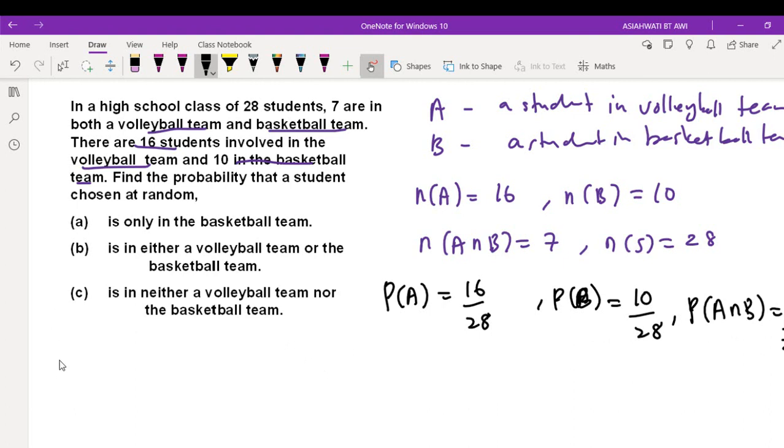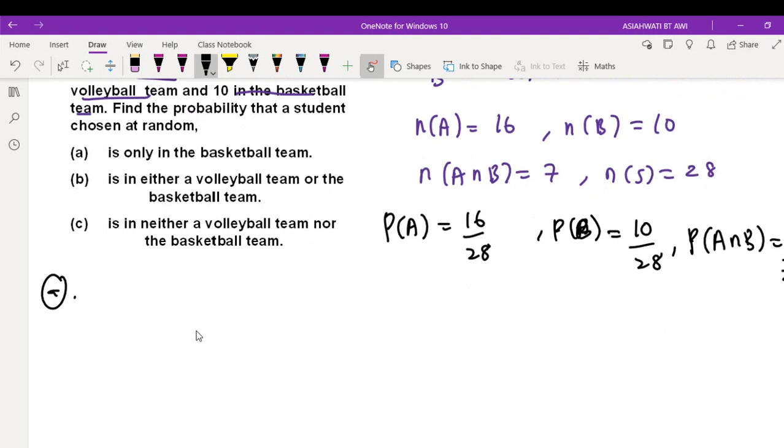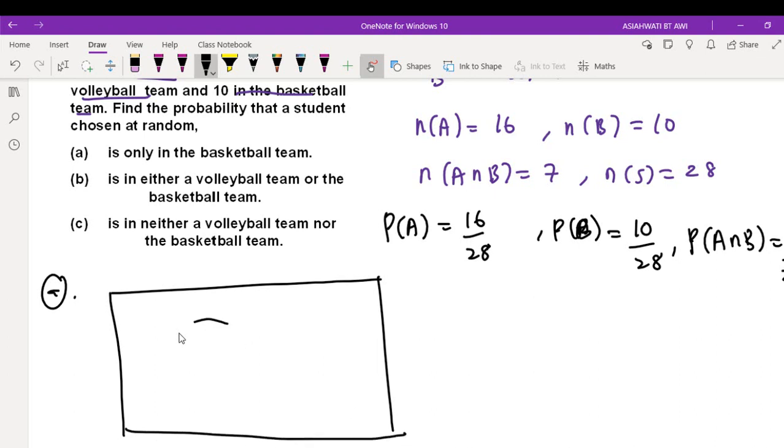Part A: a student is only in the basketball team. To solve this question, I suggest you use a Venn diagram.